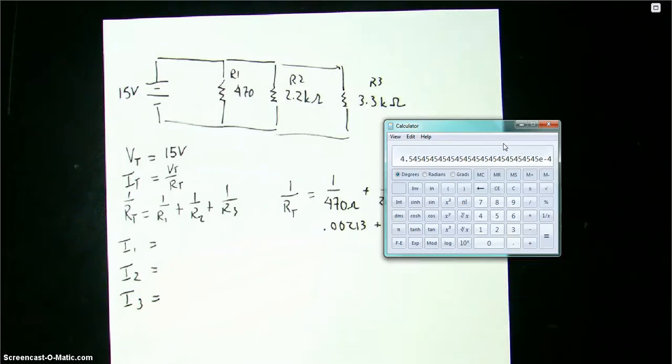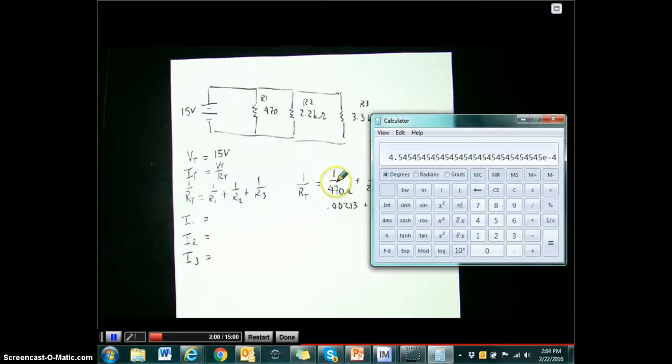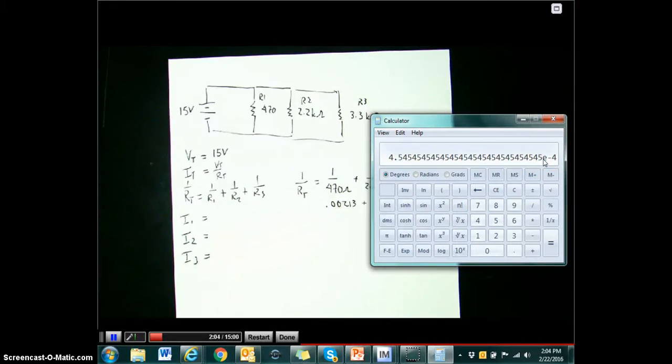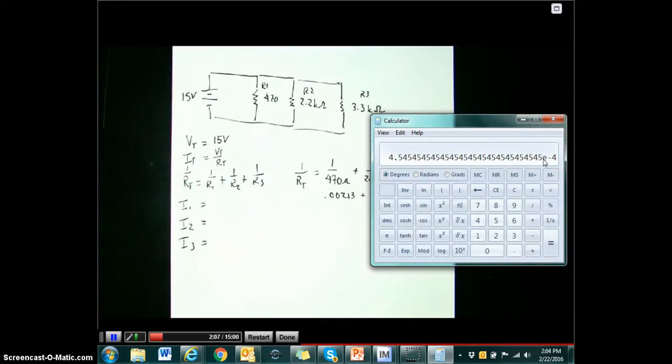Okay. And then if I take my 1 divided by 2200. Now, this is a good point to make right here. A lot of people don't know what this means. What does this e to the negative fourth mean? It represents the fact that I still have to move the decimal place over 4 places.